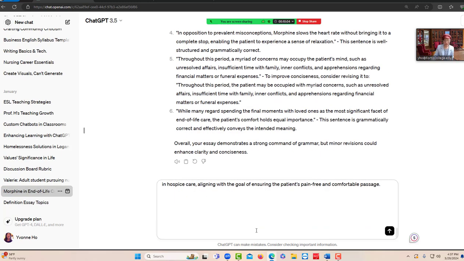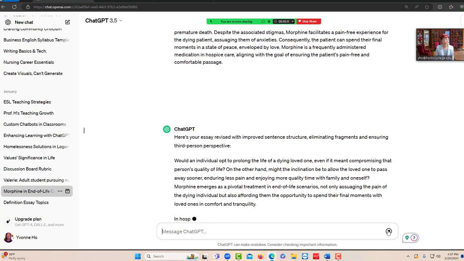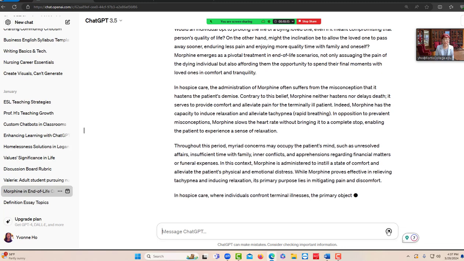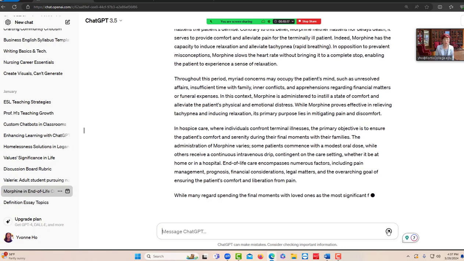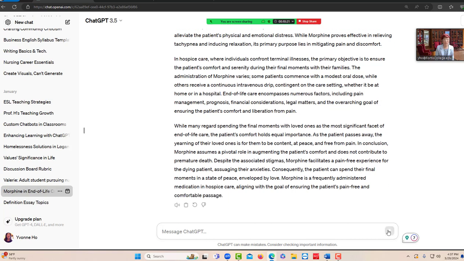And then you cut and paste your essay, and it will give you improved sentence structure and it will take out any of those first and second person cases, and it will make sure that your essay is in third person case. And if you have third person case, he, she, they, that's much more professional tone than if you use first and second person case, which is too conversational.